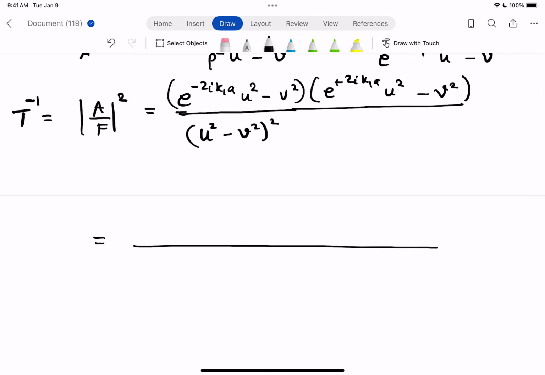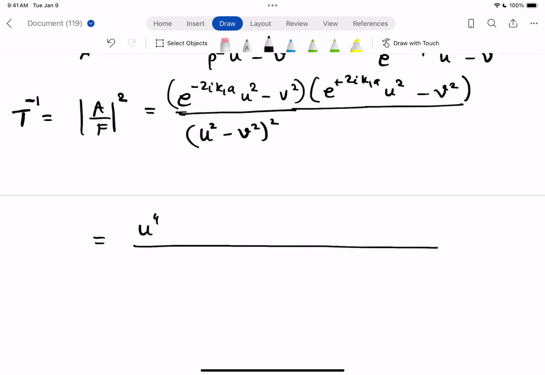So we get u to the power of 4, first term. Then we get e to the power of minus i k1 minus 2i k1a times u square v square. And then we get e to the power of 2i k1a, u square v square.